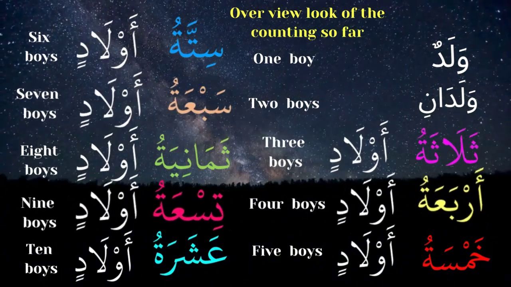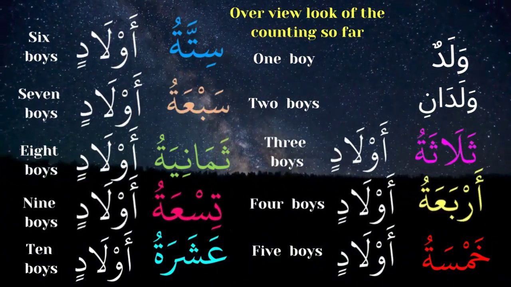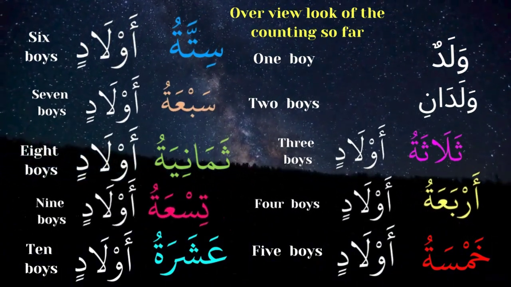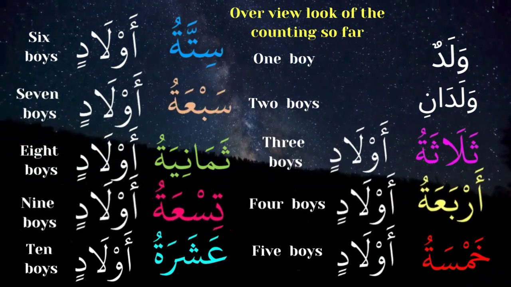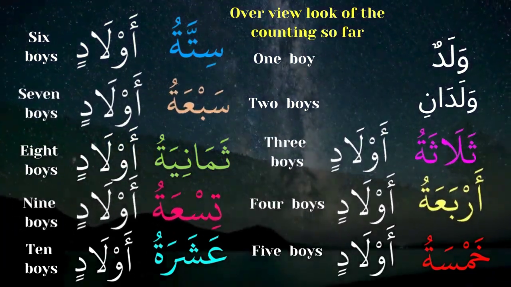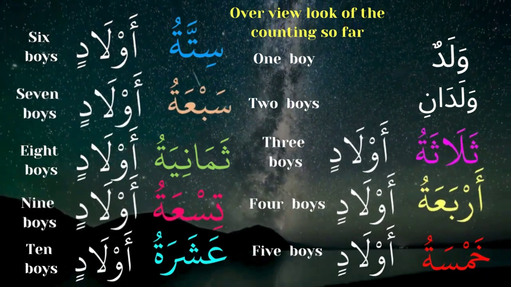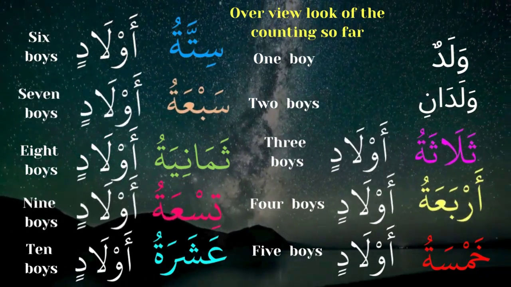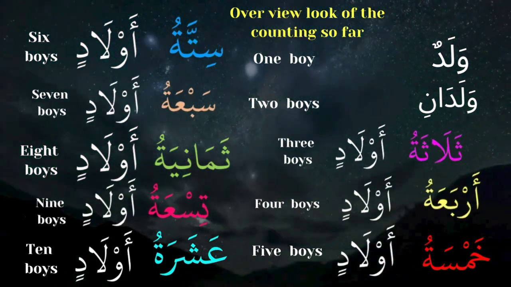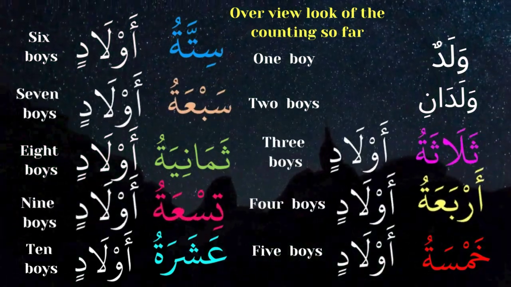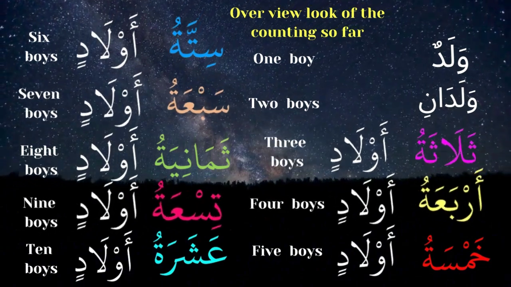In the next stage of this video, we are going to come with different examples to make it easier for you, while we also, inshallah, embed this in a sentence form so that you can appreciate how counting is expressed in a sentence form.